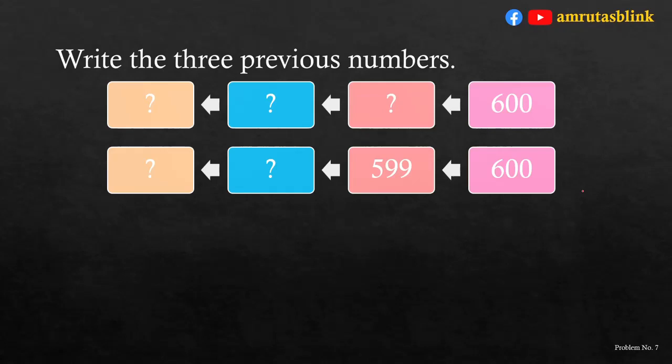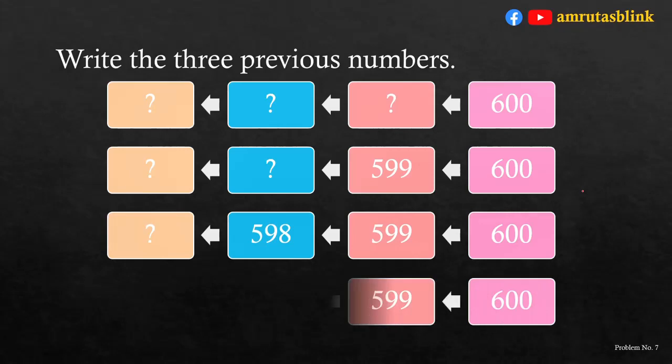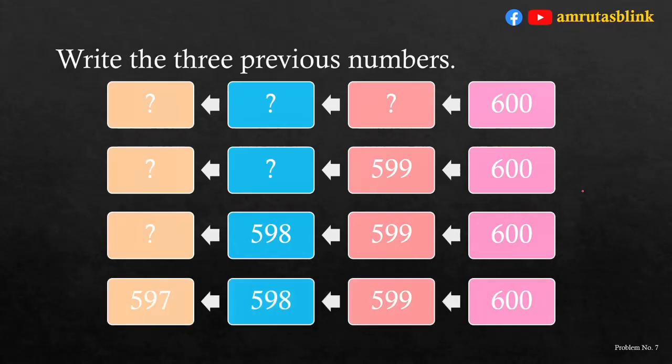Now 599 minus 1 is nothing but 598. Now 598 minus 1 is nothing but 597. So the previous three numbers for 600 are 599, 598 and 597.